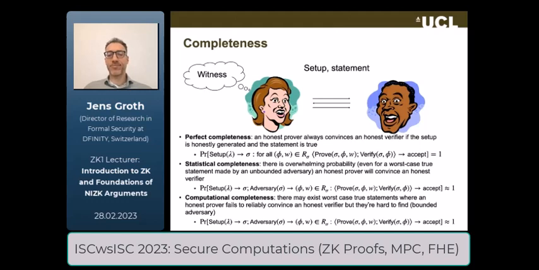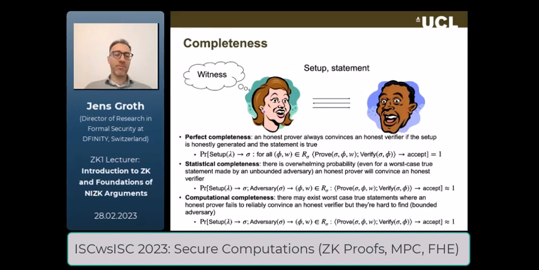So we can look at the probability of this experiment where we run the setup, get a common reference string, and give it a worst case instance with a matching witness, so it's really a true statement. Then we run this interaction between the prover and the verifier. At the end of the day, the probability that the verifier accepts should be 1. So there's never any failure here.